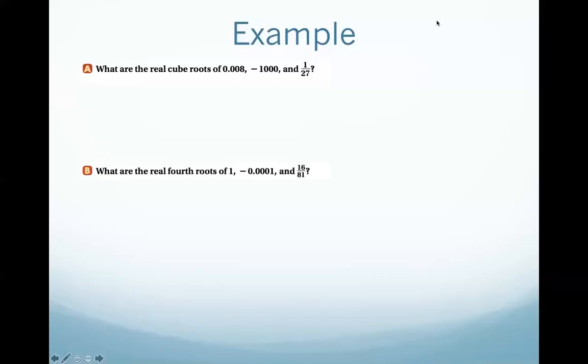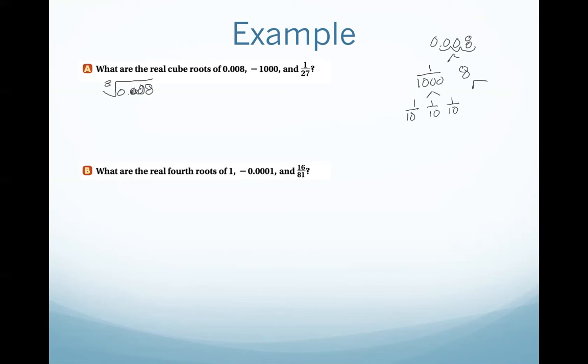So we want to find here in the example the cube root of 0.008. So the question is, what numbers multiply to 0.008? Let's first deal with the decimal. This is 1, 2, 3 decimal places. So that's 1 over 1,000 times 8. 1 over 1,000 I can write as 1/10 times 1/10 times 1/10.